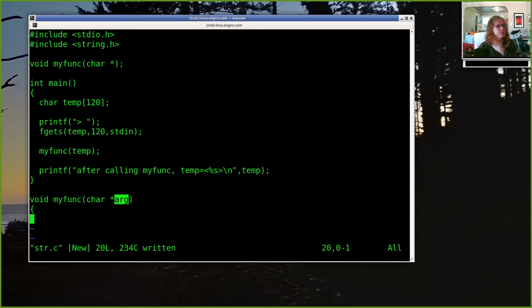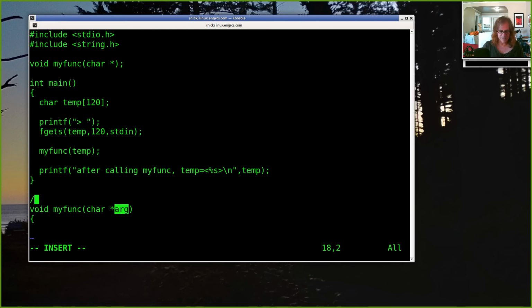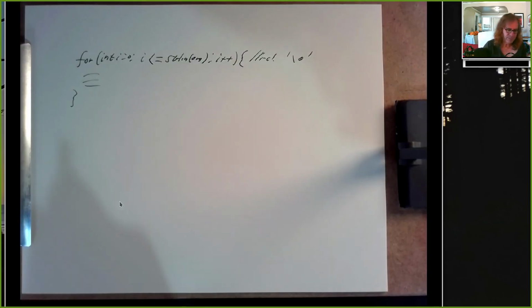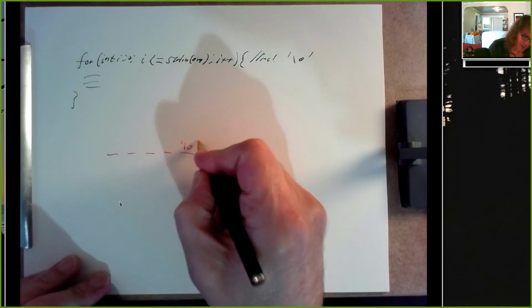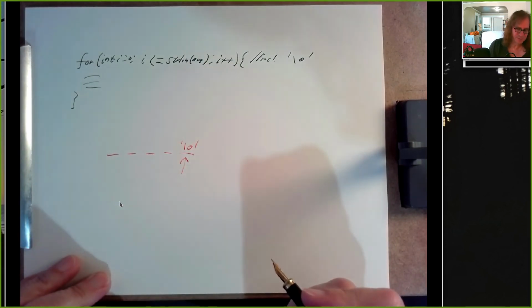Well, let's just do a really simple function. Let's just truncate the argument to 4 characters, just to show that we can modify the string and the modification takes. So if we want 4 characters in our string, that means I want my null terminator right here.